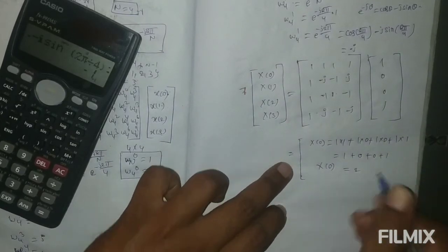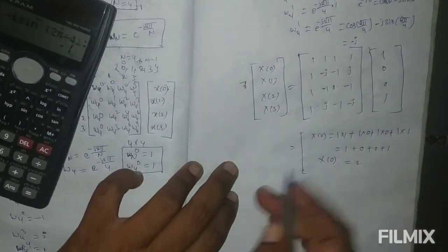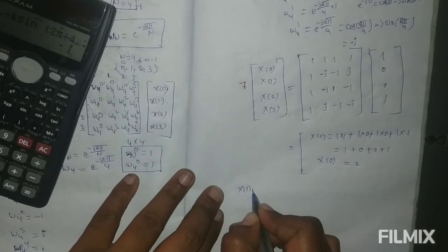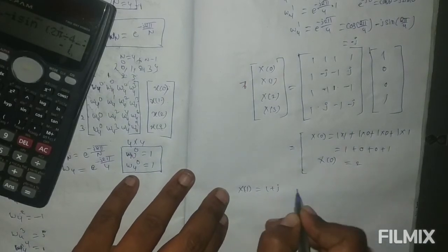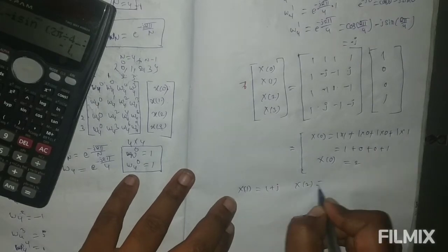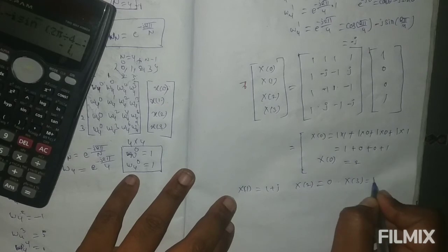X of 0 is 2. Similarly, matrix multiplication gives X of 1 equal to 1 plus j, X of 2 equal to 0, and X of 3 equal to 1 minus j.